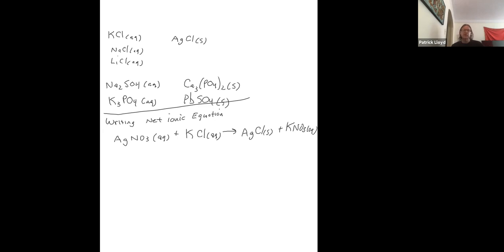The way we write formulas for ions is we recognize that ionic compounds generally have two parts. They're what are called binary ionic compounds. So when something is aqueous, you break it up into separate ions. You have to know what the charges are.